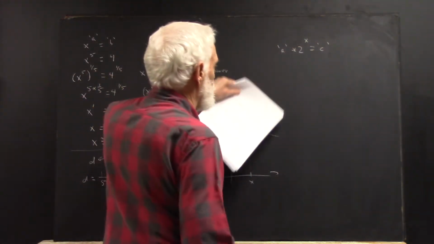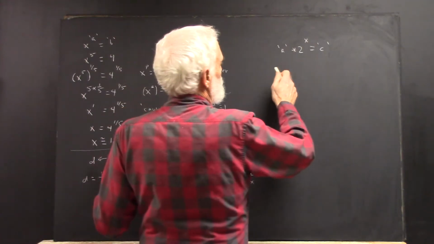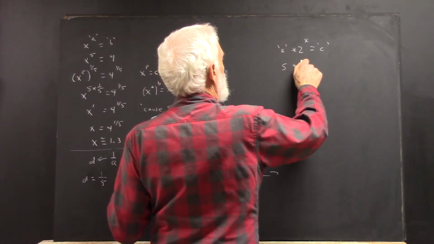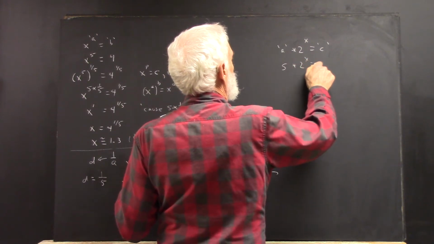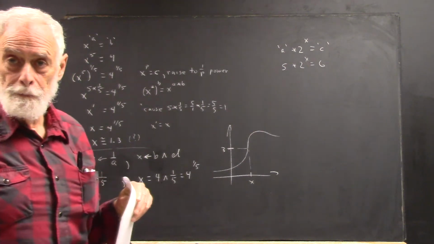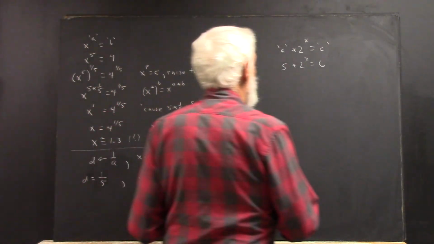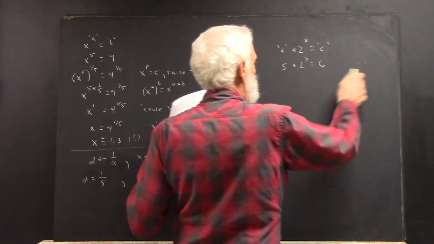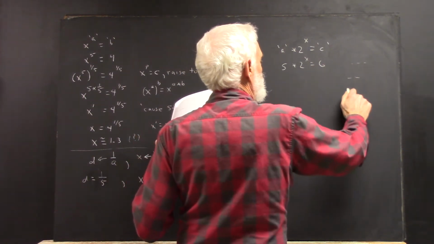Okay, now this leads to the question I just got. But here's the equation. In my notation, that'd be 5 times 2 to the x equals 6. Okay? Now, I'm not going to write out everything here, but it belongs there.